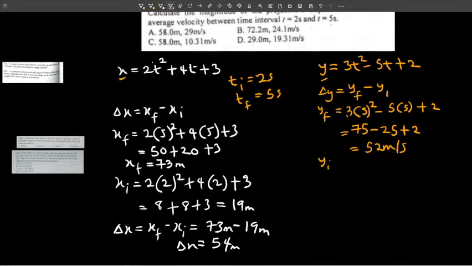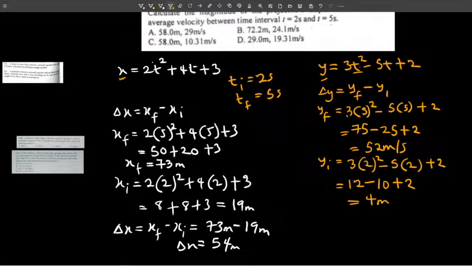My yi will be again, the initial time is 2, so let's put 2 into the equation. That'll be 3 into bracket 2 raised to power 2 minus 5 into bracket 2 plus 2. 2 raised to power 2 is 4. That will give me 12 minus 10 plus 2. So that will be 4 meter.